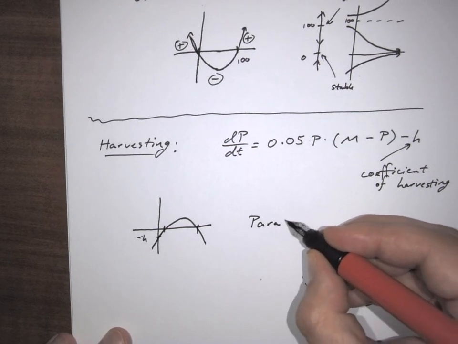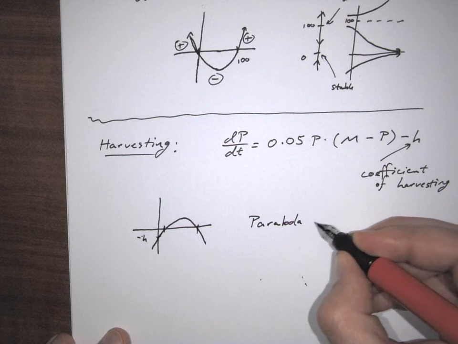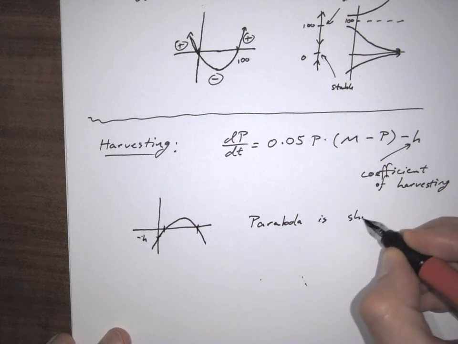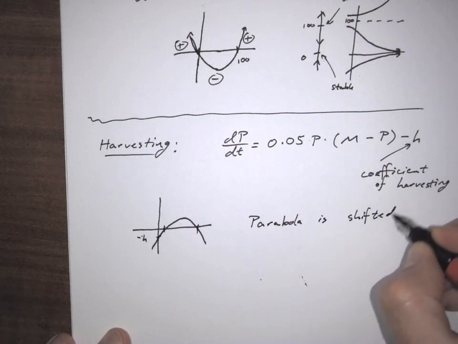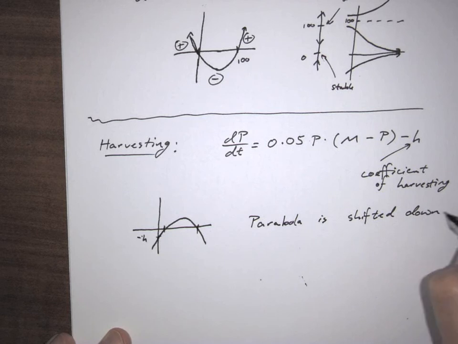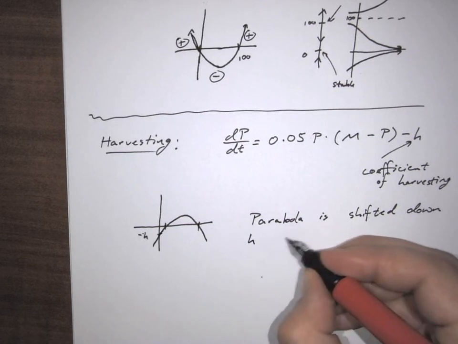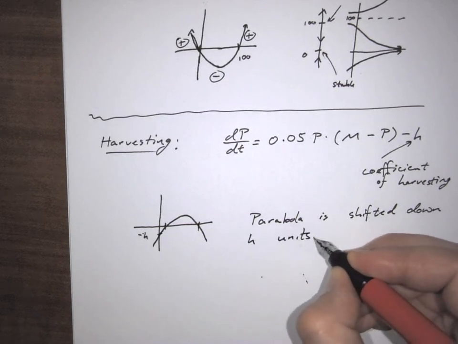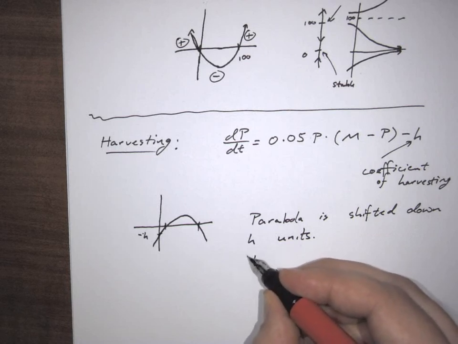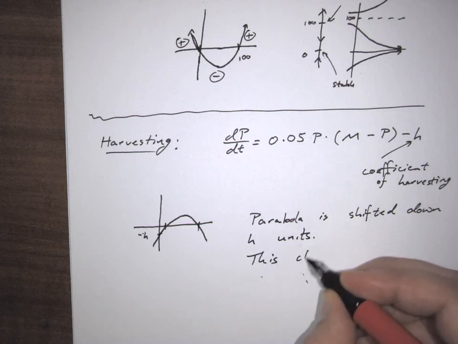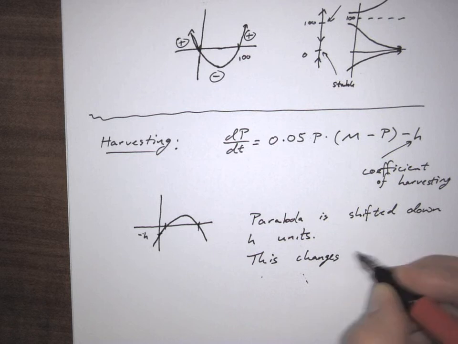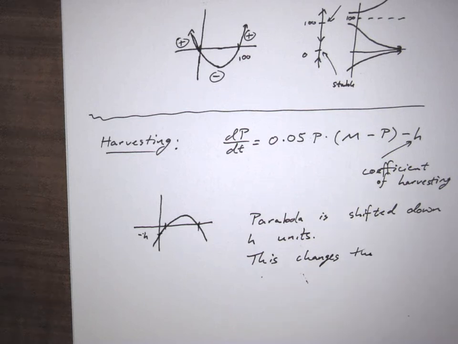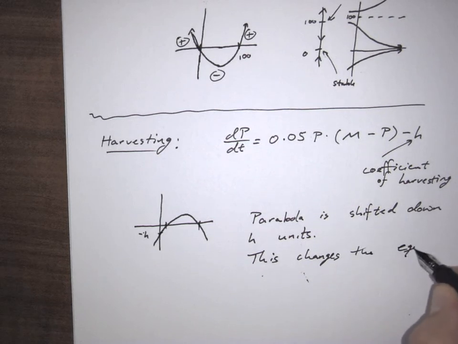So the parabola is shifted down h units, and this changes the equilibria.